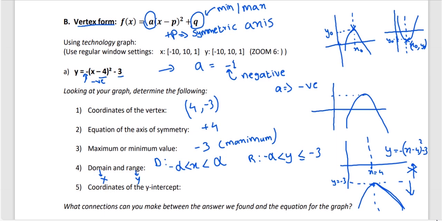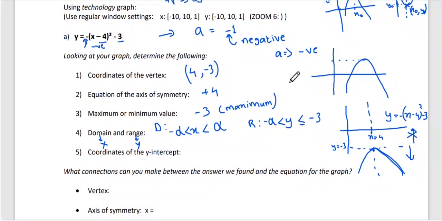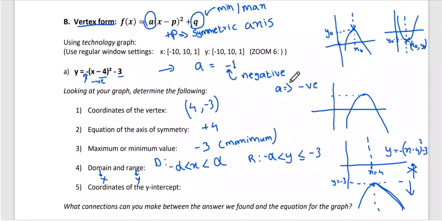Then they are asking for the coordinates of the y-intercept. To understand this, we need to know where this graph intercepts the y-axis. This is the y-axis and this is the x-axis. Throughout the y-axis, x will be 0.